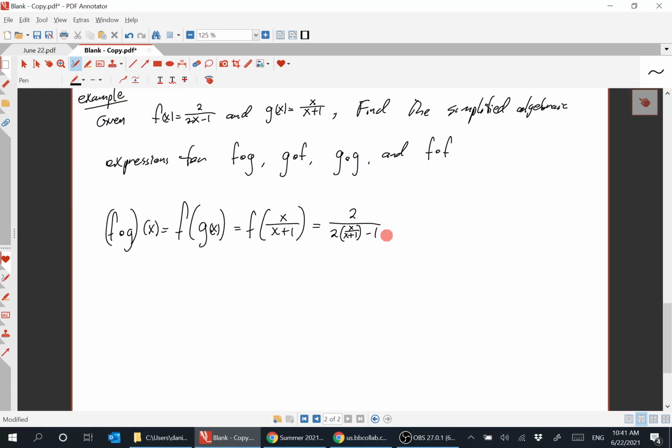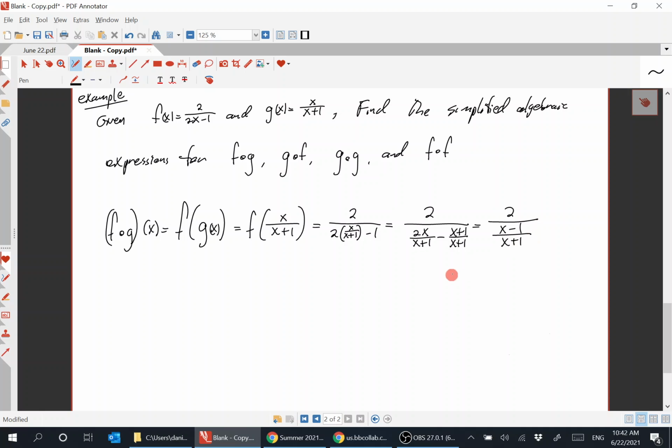So a nested fraction expression. So this is 2 over 2x over x plus 1 minus x plus 1 over x plus 1. So that's 2 over 2x minus x minus 1. Like that.